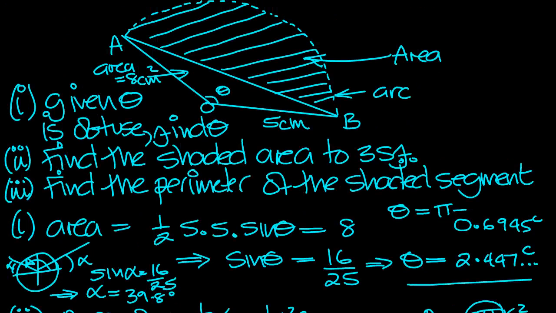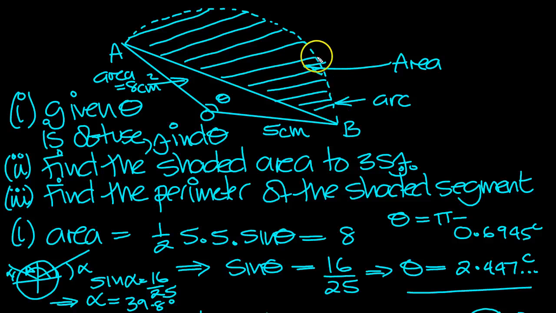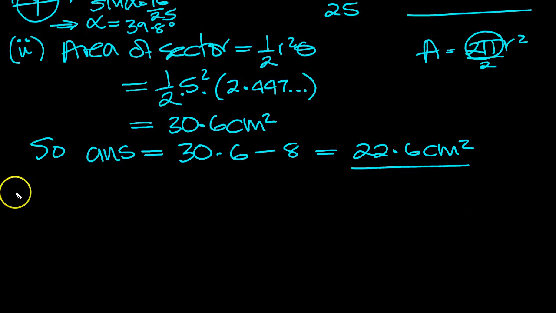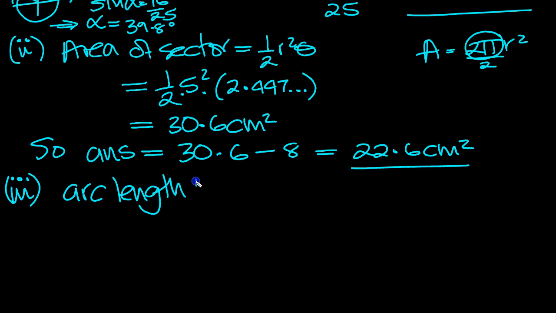Find the perimeter of the shaded segment. Now the perimeter would consist of this distance here, this arc length, plus this length here. Okay, so let's get arc length first. So part 3, the arc length, the arc AB in other words, is equal to, now the circumference of a circle is 2 pi r.